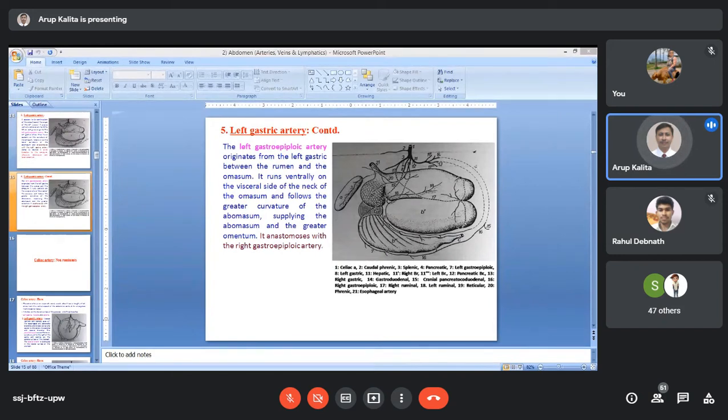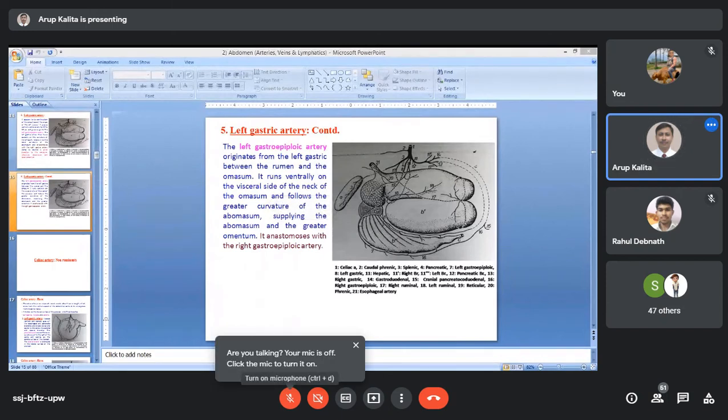Then number 5 is the left gastric artery. Number 8, the left gastric artery, will come down and join with the right gastric artery. But the left gastric artery will also give one branch, number 7, the left gastroepiploic artery, and this left gastroepiploic artery joins with the right gastroepiploic artery.